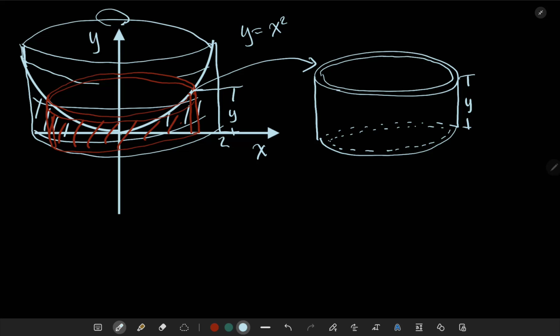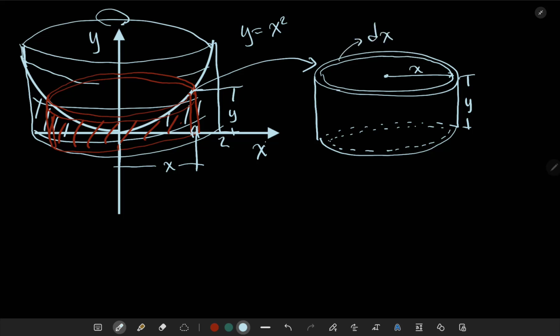Now x is going to be located from here all the way to here. That's going to be my x. And that turns out to be the radius of this shell. Maybe put it up here, it's less busy. That turns out to be an x. And then the width that I'm taking, that width is going to be called dx.